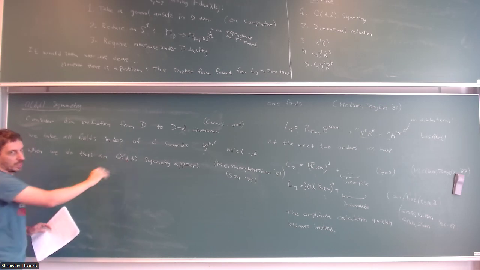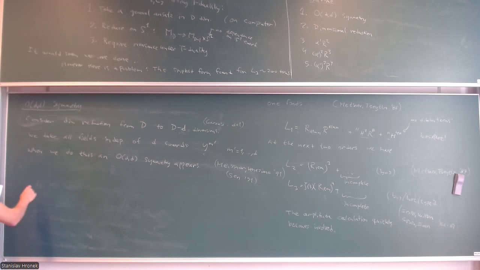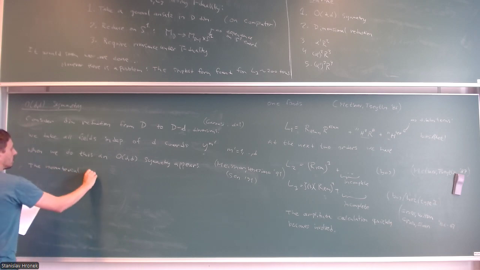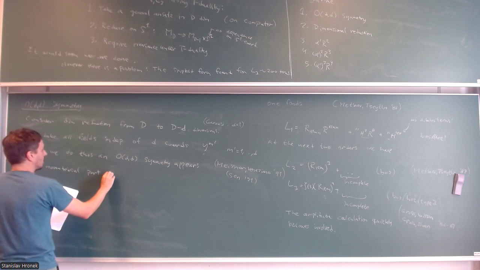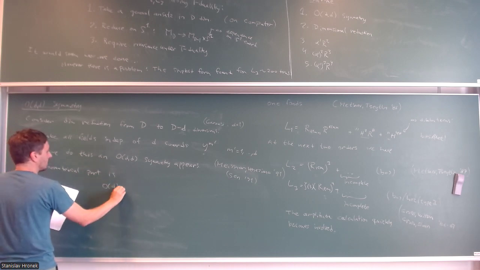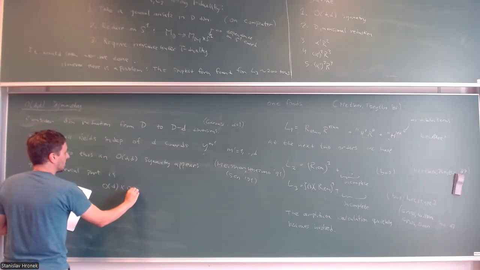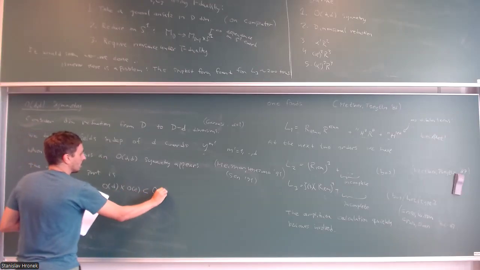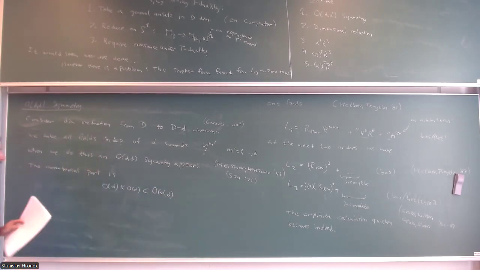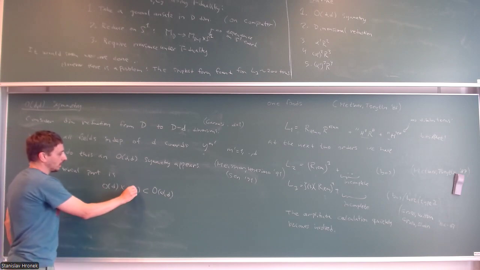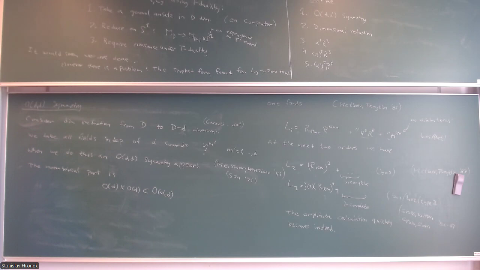Of course, O(d) times O(d) is a subgroup of O(d,d), and that's really the non-trivial part of the symmetry, because it turns out that the rest of O(d,d) is made up by gauge transformations. So that's sort of trivial, whereas this O(d) times O(d) subgroup is not.